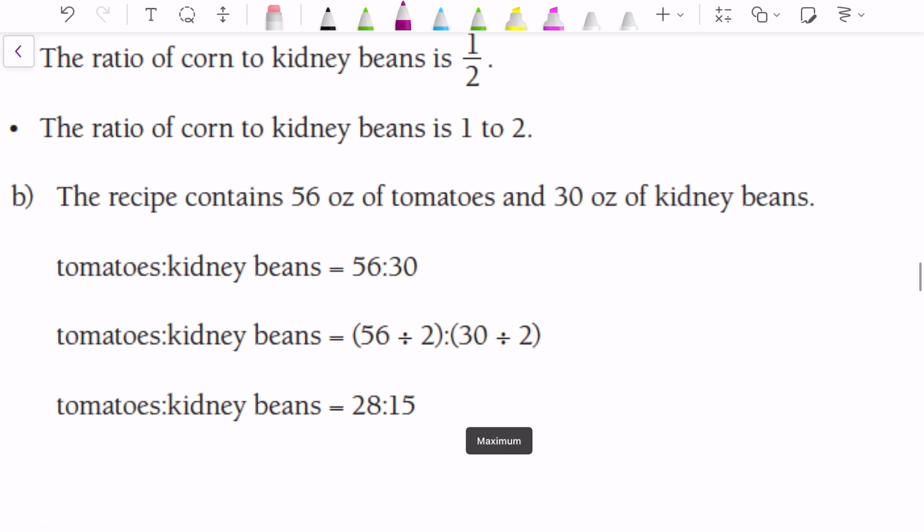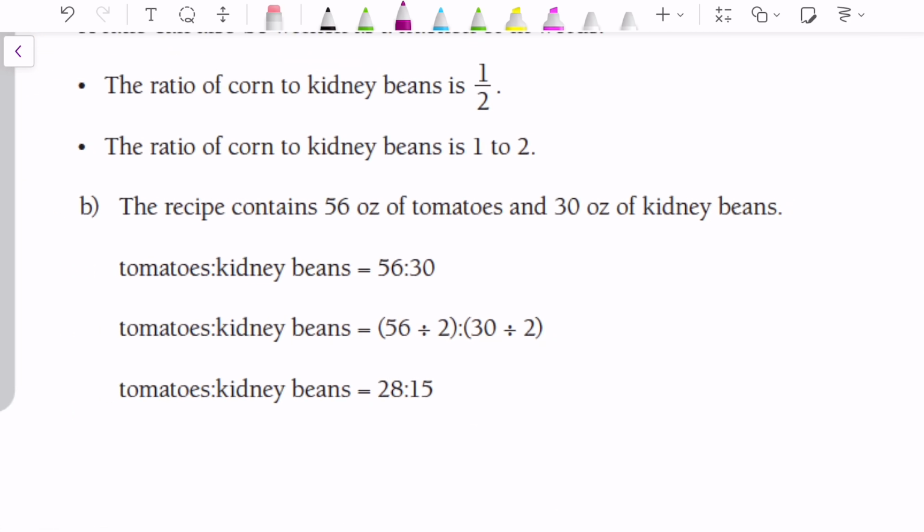Going to B, using that same format with tomatoes. There are 56 ounces of tomatoes and 30 ounces of kidney beans. Again, tomatoes come first, so tomatoes go first in the ratio, and kidney beans come second. So you start with, right from the question, 56 to 30.